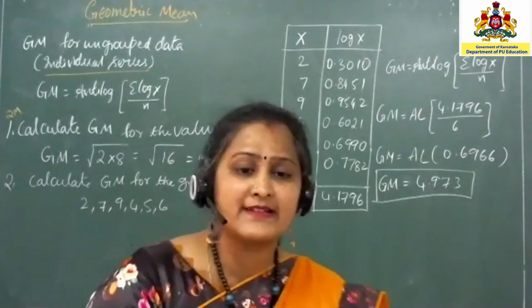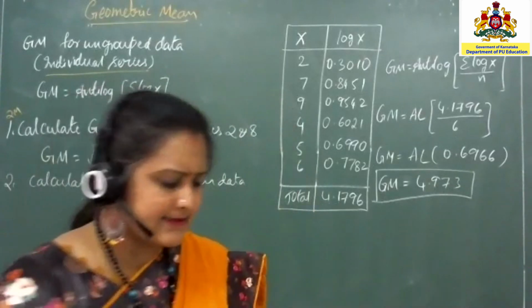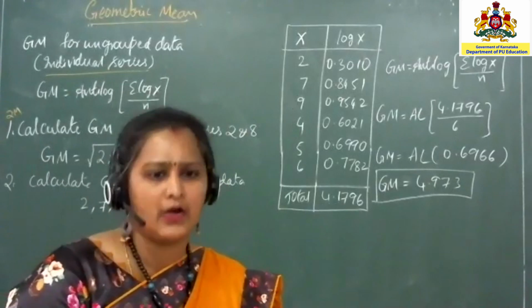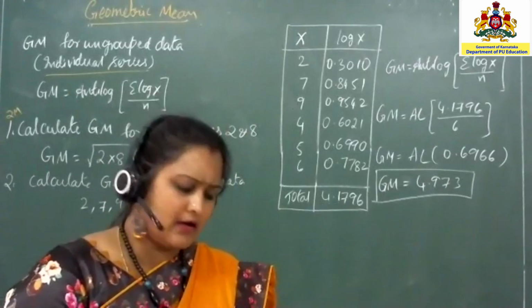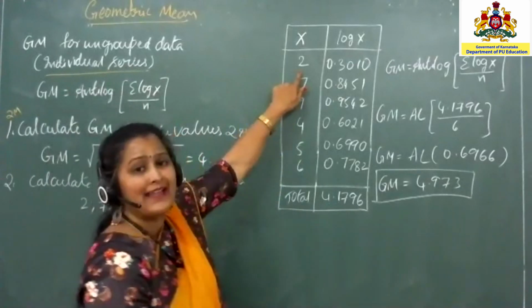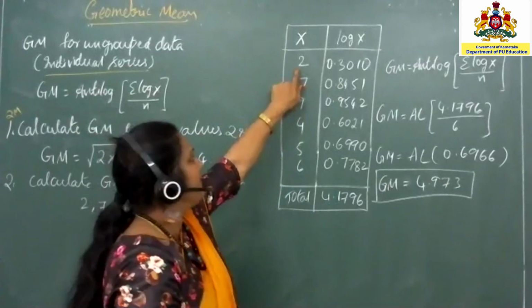I think you are unable to see, but in the last pages you have logarithm tables and also anti-logarithm tables. So how to go with this? Now you have one digit here. So first, one digit.